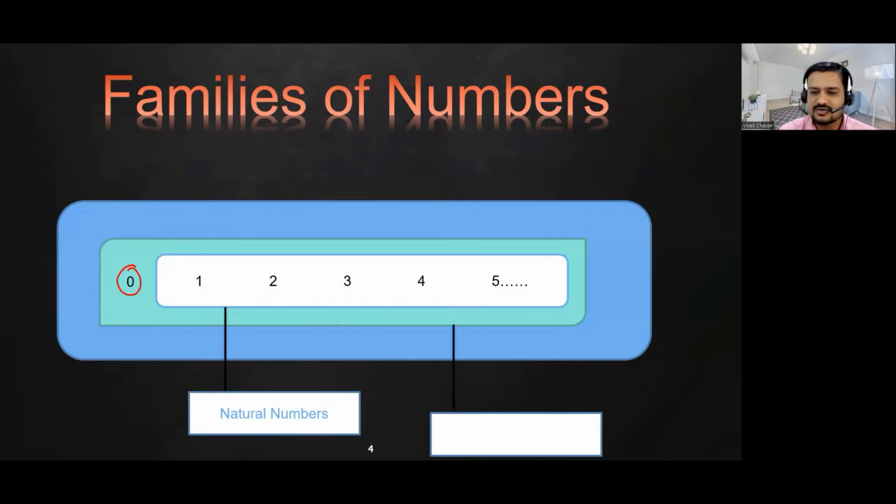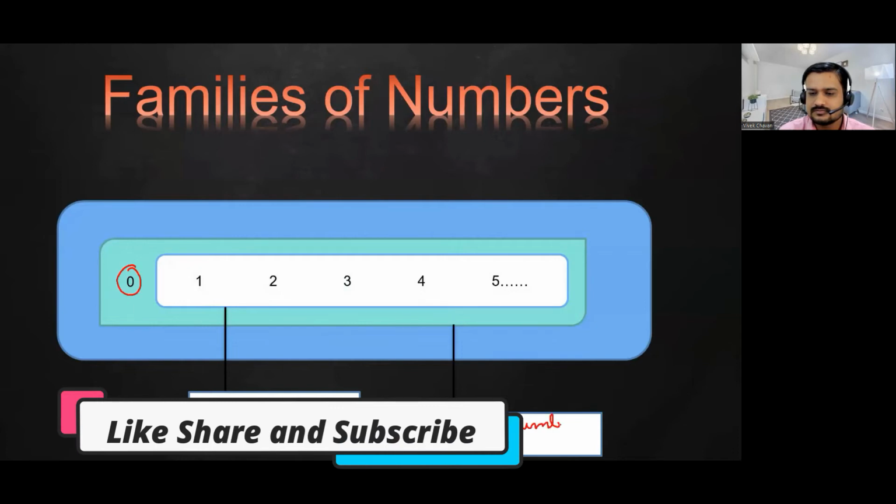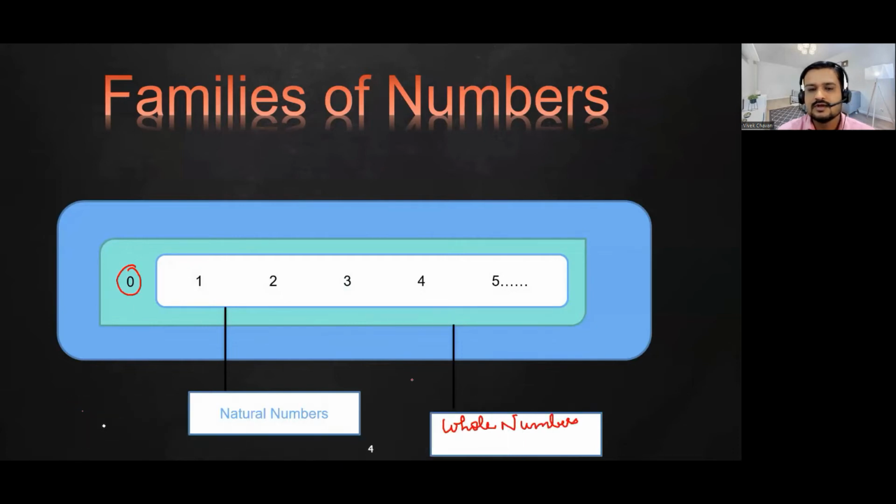It is called as whole numbers. So when we add 0, that is a new member to the family of natural numbers, it gives us the new family, that is whole numbers family.